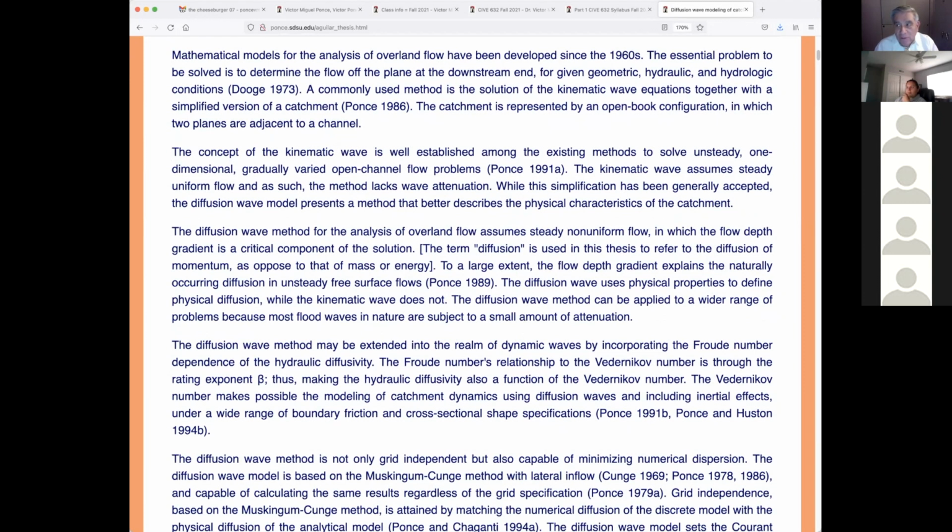The kinematic wave was done on the plane, as I told you, by these three gentlemen, Woolhiser, Wooding, and Shaki, but they used kinematic wave, not diffusion wave. So if there was an issue of discretization, then their solutions were going to be grid dependent. No question about it.